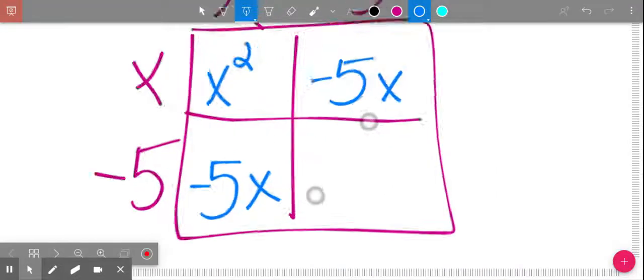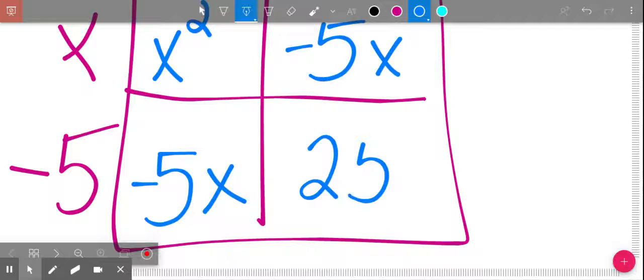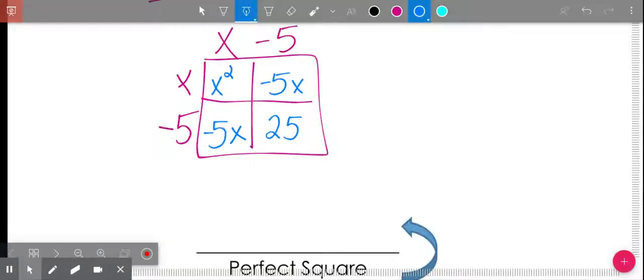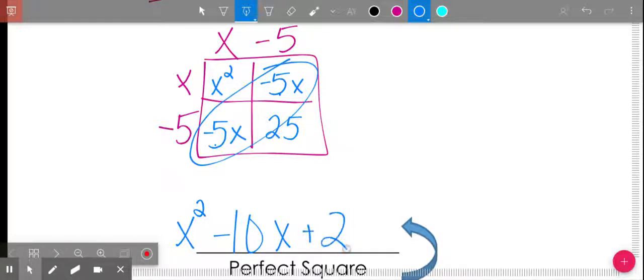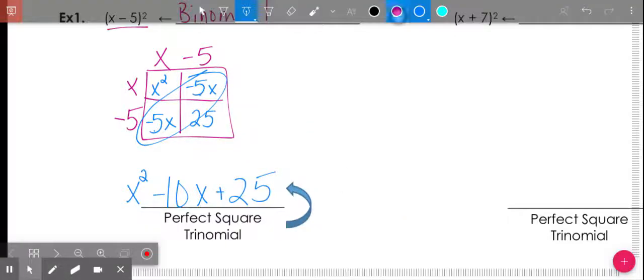Negative 5 times negative 5 gives me a positive 25. Combine our like terms on that diagonal. We'll have x squared, negative 5 minus 5 gives me negative 10x, plus 25. This right here is what we call a perfect square trinomial, because that 25 is a perfect square.